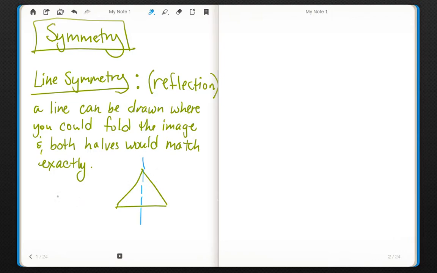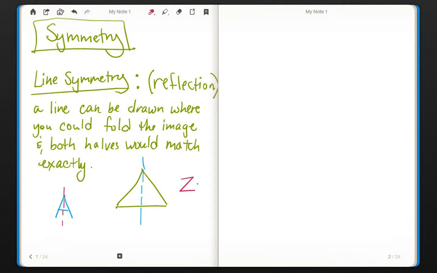If we had, say, the letter A, if I were to draw a line down the middle, does it cut it in half? Yes, it does. What about the letter Z? Well, if I draw a line here, is it going to create a fold where both sides would be the same?